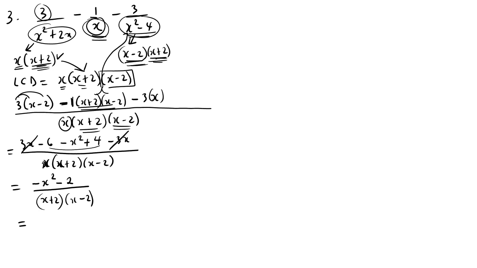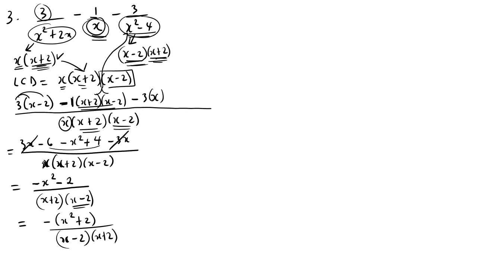So it will just be the negative of x squared plus 2, because I can just factor the negative sign and get x. Just flip the denominator, right? x minus 2 and x plus 2, it does not really matter. Okay, so this is what I get.